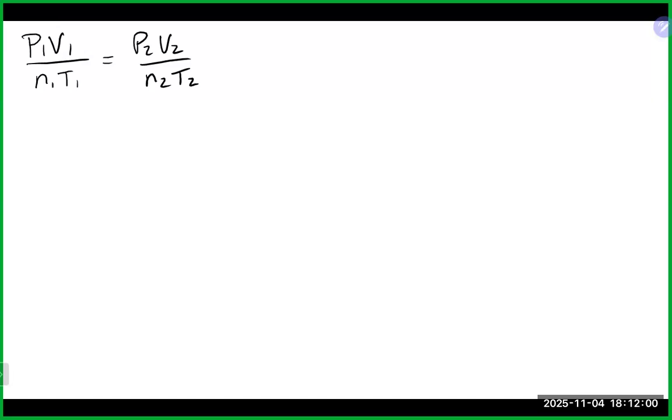So, for example, if you come across a problem and it does not mention anything about moles, does not mention anything about temperature, or you're told they're held constant, all you have to do is just scratch those out on both sides. And there you go. You are now left with our friend Boyle's law.